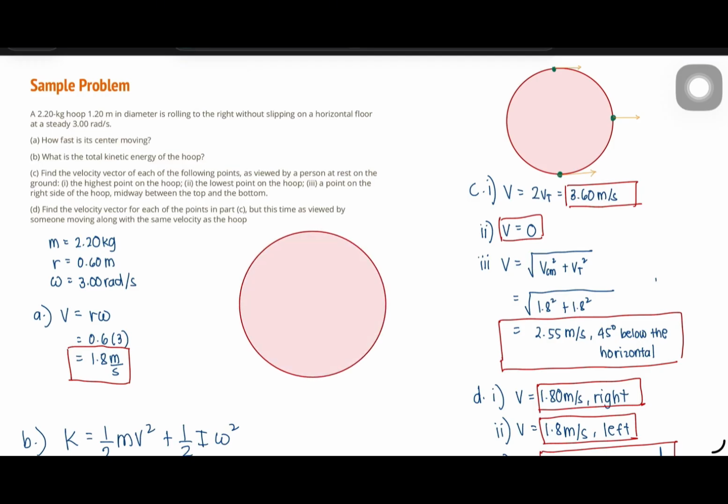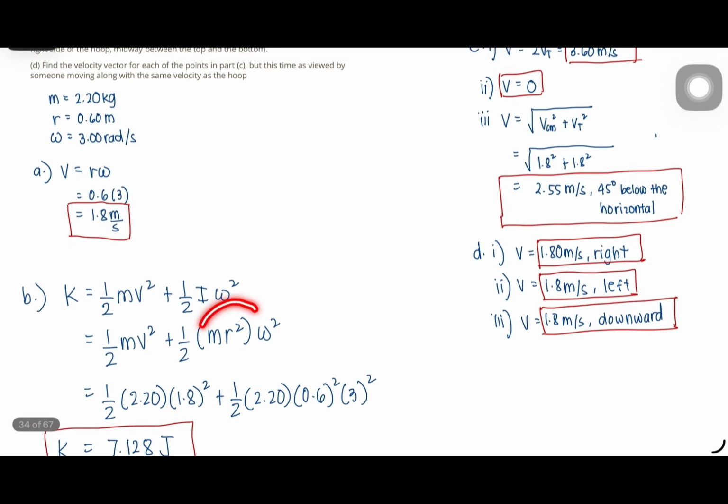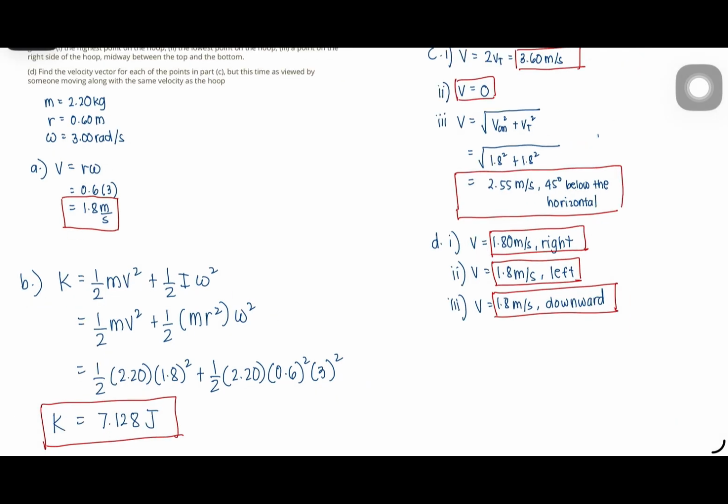So, iikot lang dun sa surface yung elements. So, ito, hollow to, no? So, yung gagamitin nating formula is mr squared. So, balikan po nyo yung moment of inertia ng hollow cylinder. Next.